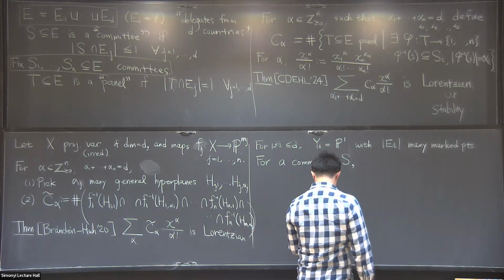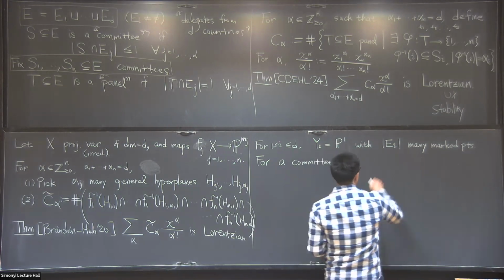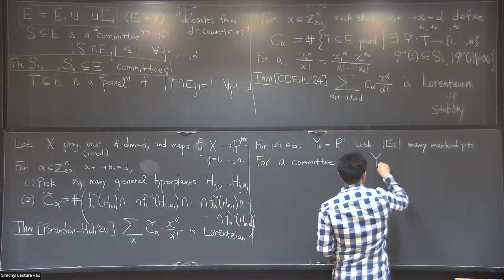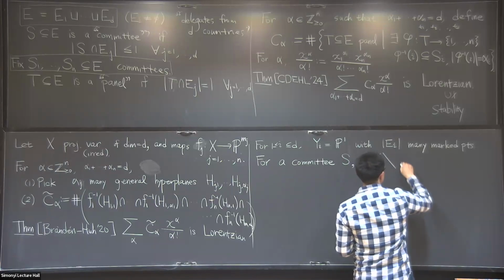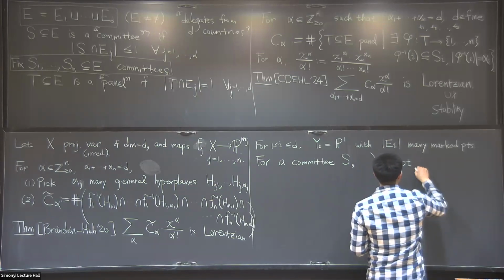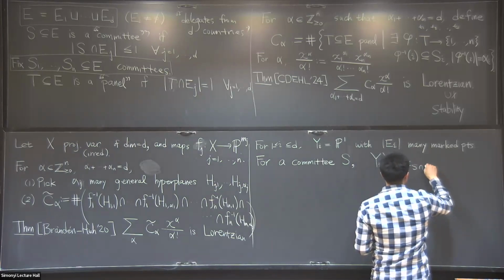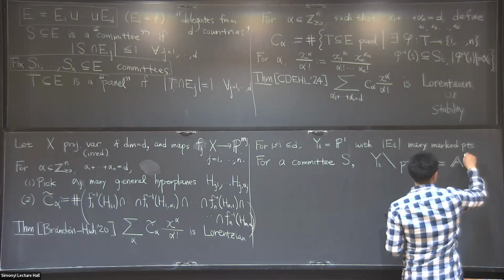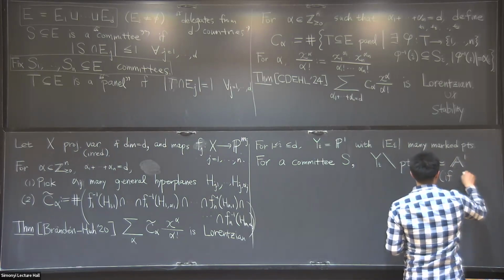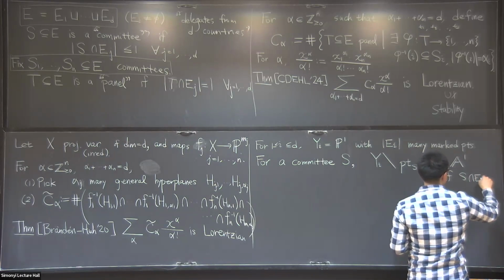Let's see. We have that Y sub i take away the point labeled by S intersect E_i is A1, assuming that this intersection is not empty.